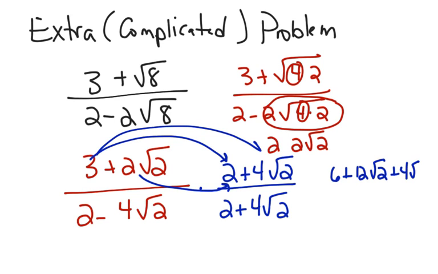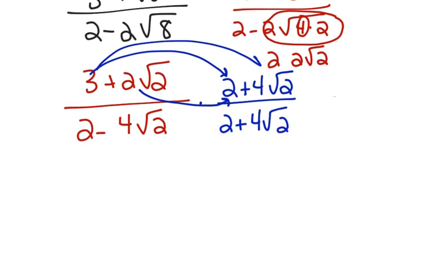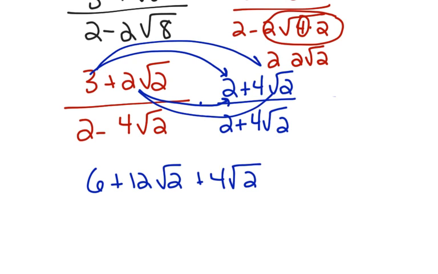Oops, I'm running out of space here. Hold on, let's go back and write this underneath. Sorry about that. Let's see, 6 plus 12 the square root of 2 plus 4 the square root of 2 plus 8 the square root of 4.